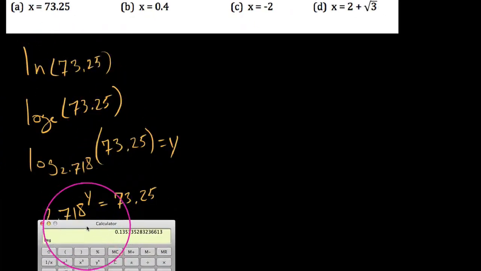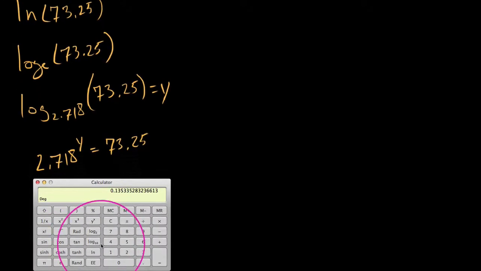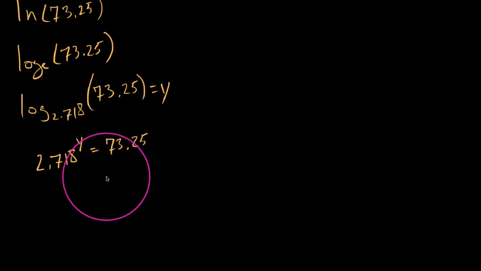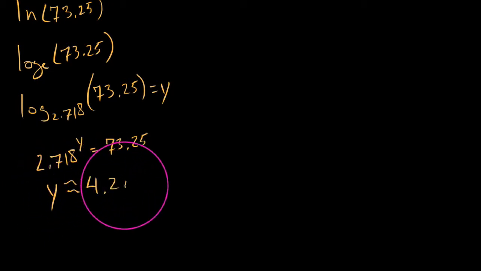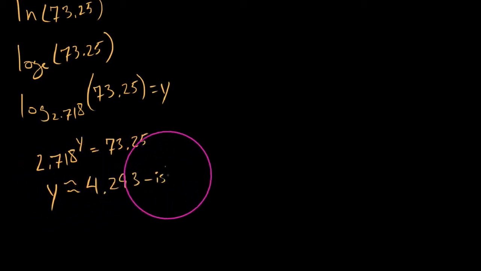So getting this calculator out, we say ln of 73.25. You just get your calculator, 73.25, take the natural log of this, and we get 4.293-ish, so y is approximately 4.293.